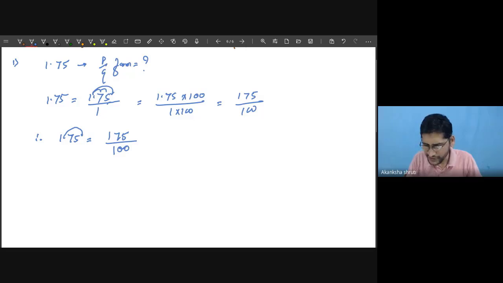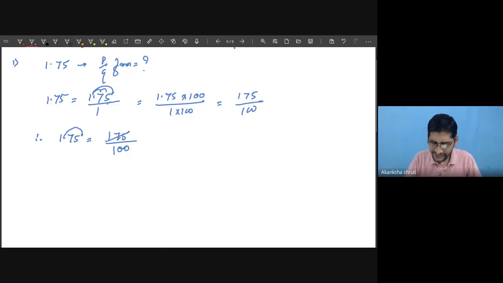So put 100 in the denominator. So no need to write the multiplication. Directly you can write this way. Even though we are doing the same thing, this intermediate step of multiplying numerator and denominator by 100 can be left out. So both are the same thing.